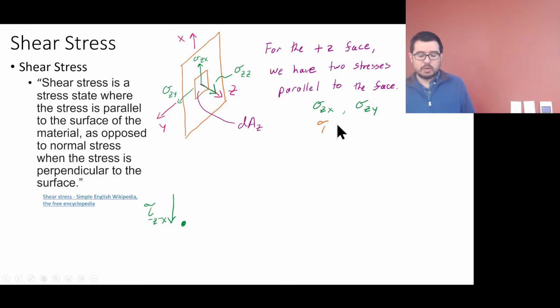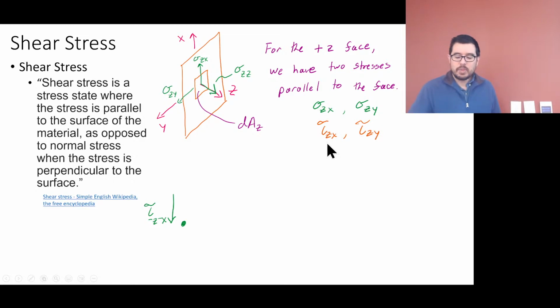Our 2 options are sigma ZX and sigma ZY, and we don't write them that way. You'll be more prone to see a sigma 3-1 or a sigma 3-2 than a sigma ZX.